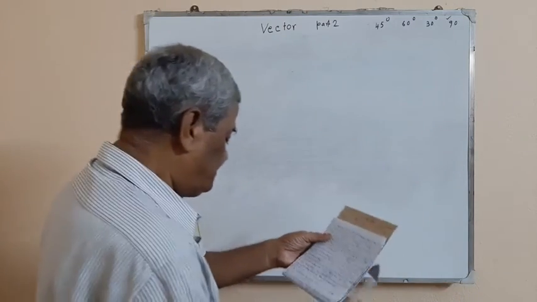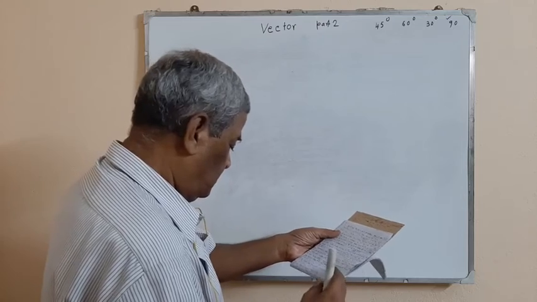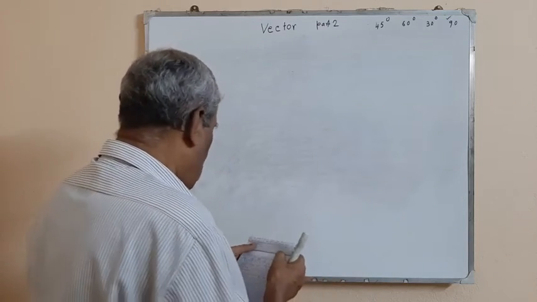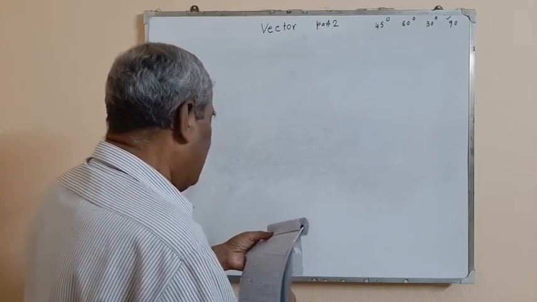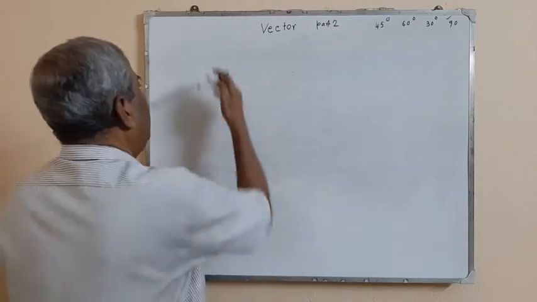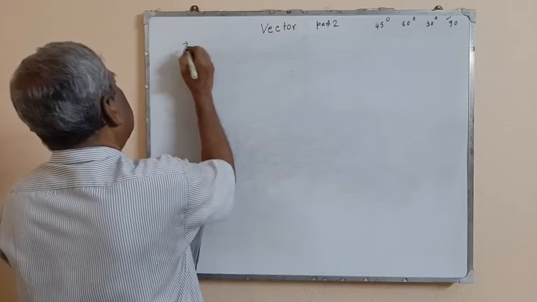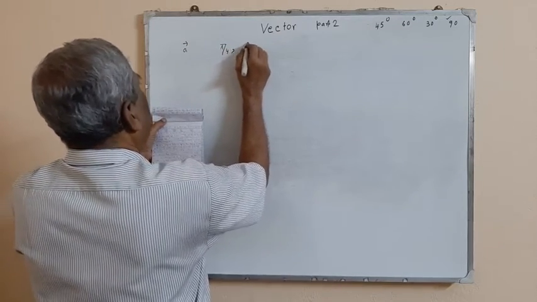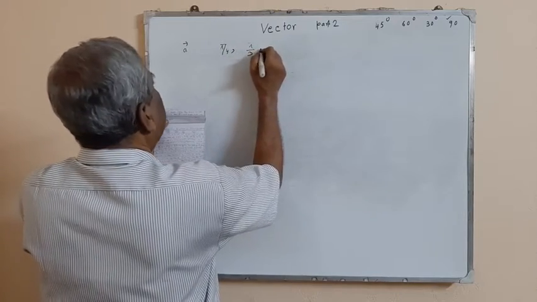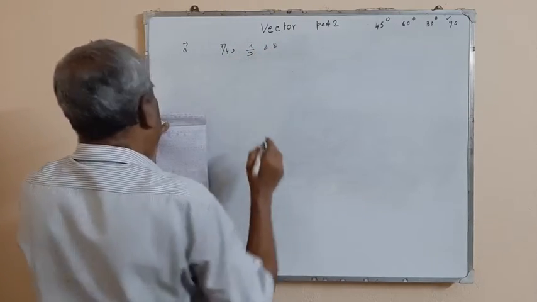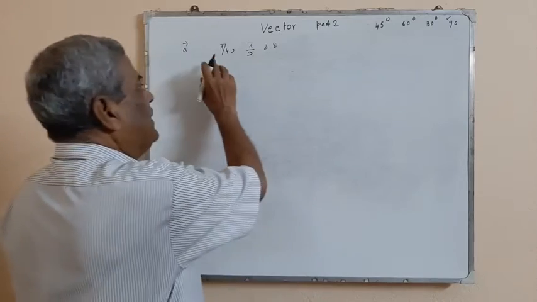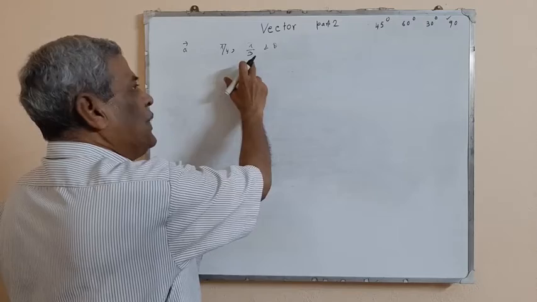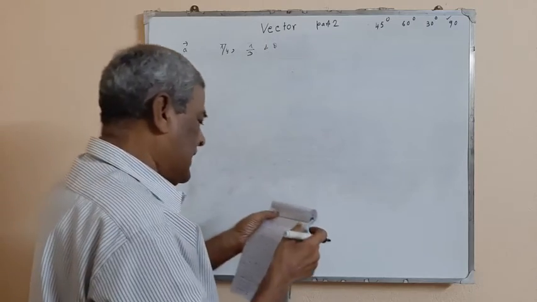Next one. A vector A makes angles pi by 4, pi by 3, and theta with the axes. Means it makes an angle pi by 4 with the x-axis, pi by 3 with the y-axis, and theta with the z-axis.